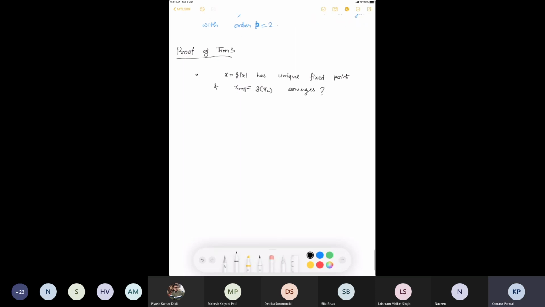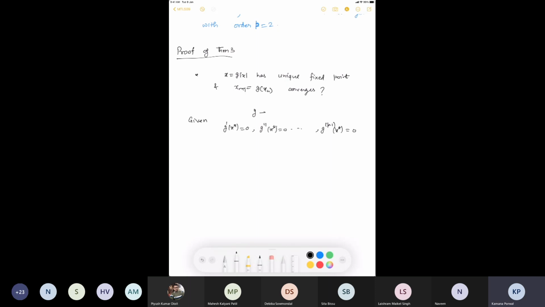So what we are going to do: what is given to us is g prime of x star equals 0, g double prime of x star equals 0. That is, the derivatives up to the order p minus 1 at x star are equal to 0.